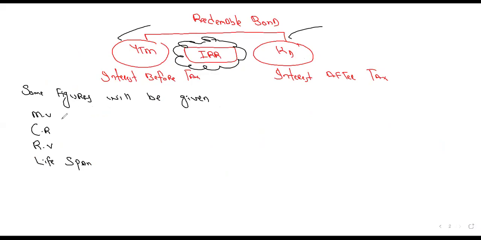That will be the market value, coupon rate, redemption value, and lifespan. And if we have to compute the cost of debt, then the tax percentage also, for the cost of debt calculations.